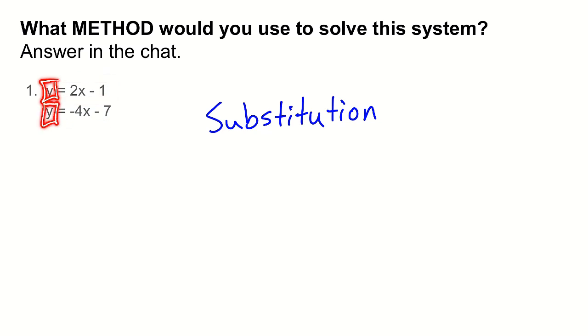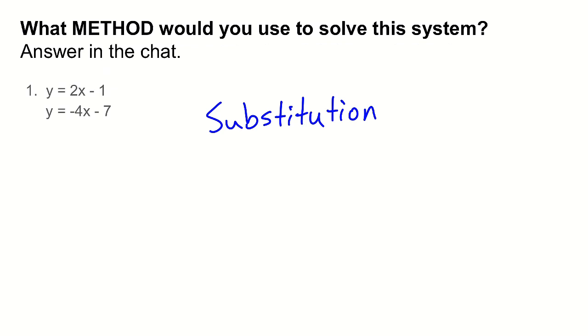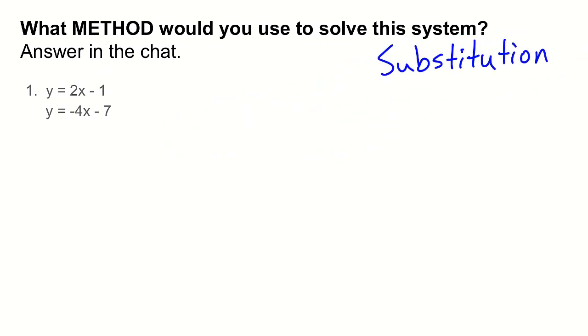The y variable is isolated. So when that happens, you can take the thing that the equation equals and substitute it into the other equation. So we're going to do that now. All right, so we're going to use the substitution method.